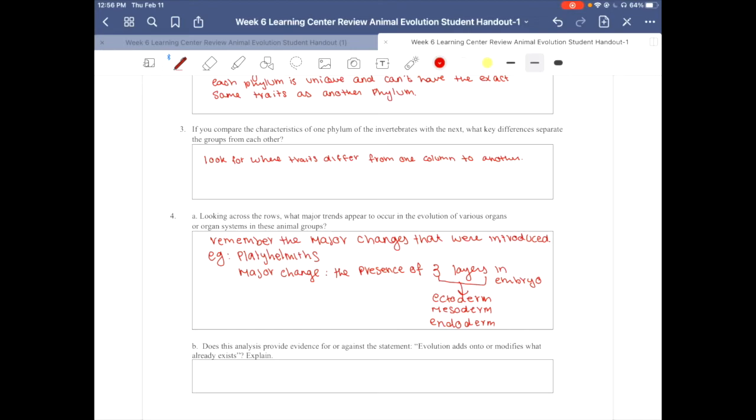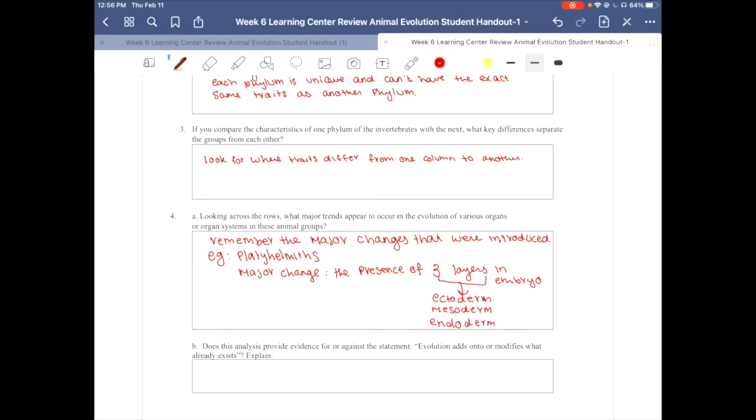And I feel like that's why these modifications occur. So from the chart, we see that we have very simple traits, but then we have something that can offer us an advantage, like the comment says. An example of that is the mesoderm layer in Platyhelminthes.